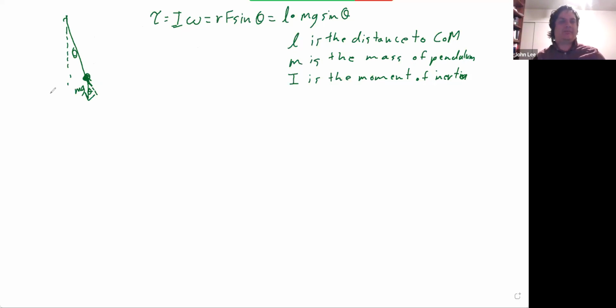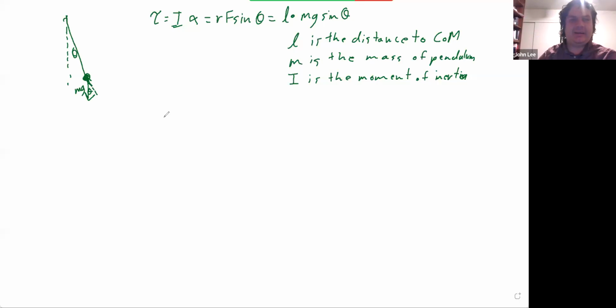Oh, and then I wrote alpha omega instead of alpha, which is a big problem. I alpha equals L times mg sine theta. So we can write a simple pendulum as just being like a grandfather clock's pendulum, where there's just a big mass at the end of a thin stick.